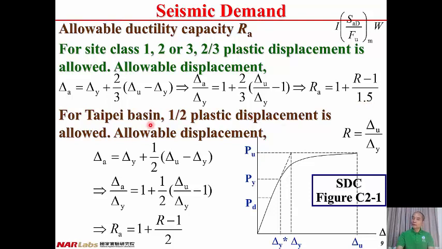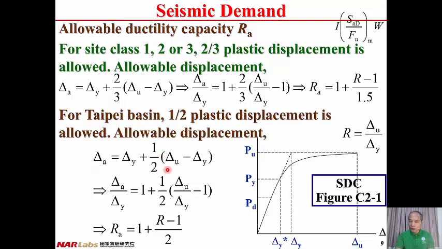In Taipei Basin, only 1/2 of the plastic displacement is allowable, so that the allowable displacement delta A equals delta Y, the elastic displacement, plus (delta U minus delta Y), the plastic displacement, times 1/2.